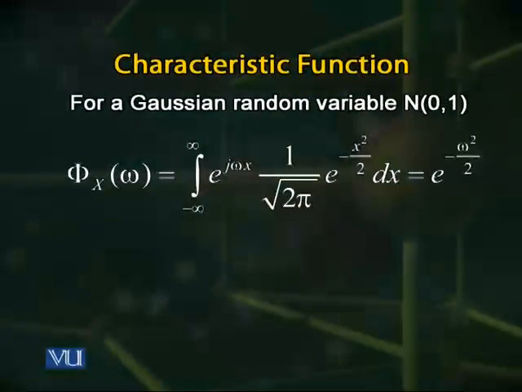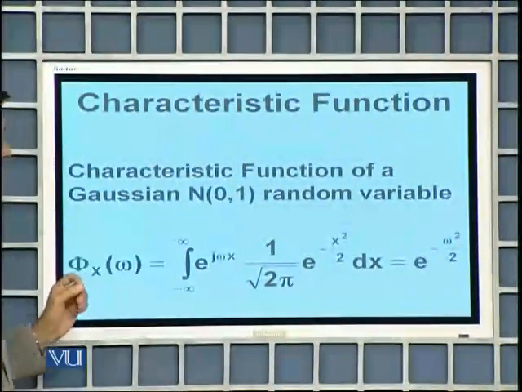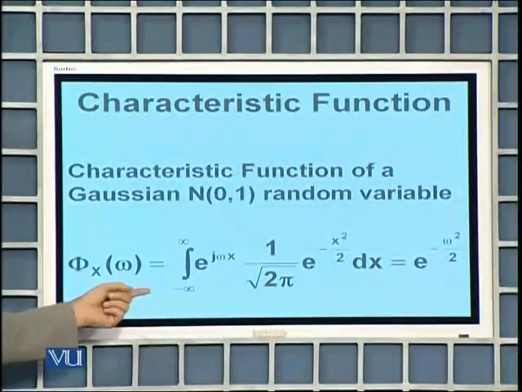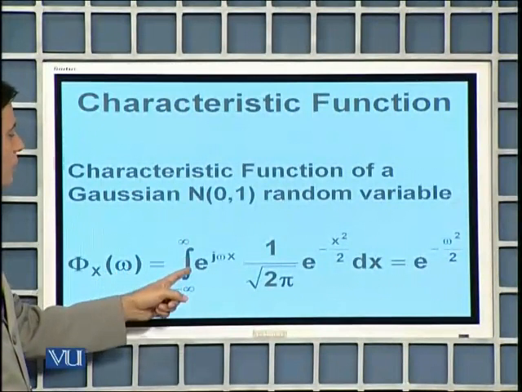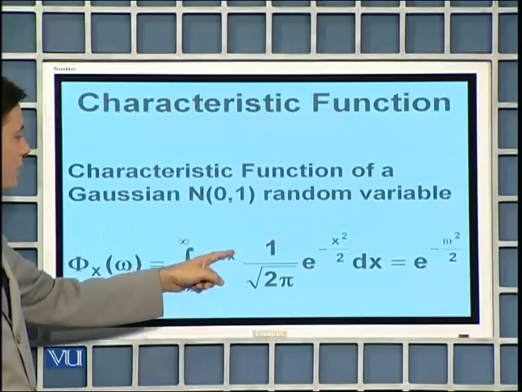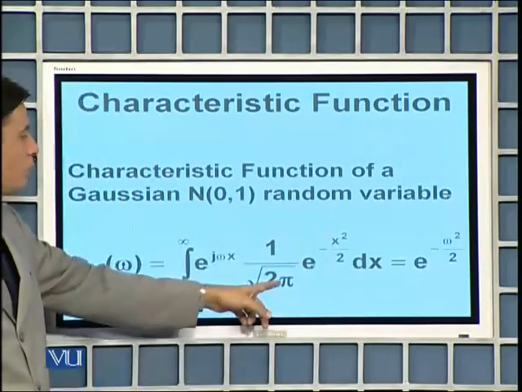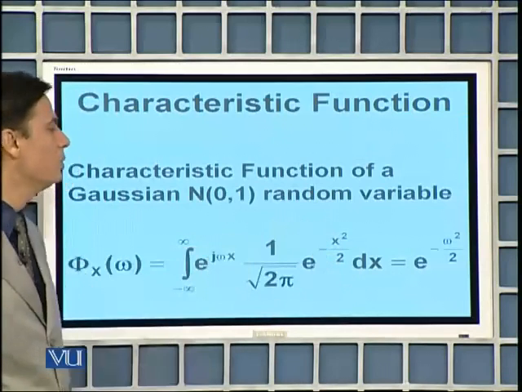The last random variable that we are going to use to find the characteristic function is the Gaussian random variable. So for a Gaussian random variable which is normal with parameters 0, 1, that is, it has mean value 0 and variance 1, the characteristic function is an integration from minus infinity to infinity. This is the value that we use to find the characteristic function, and this is the PDF of x, 1 over square root of 2 pi e raised to power minus x square over 2.